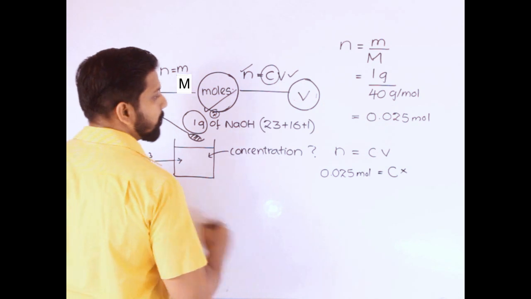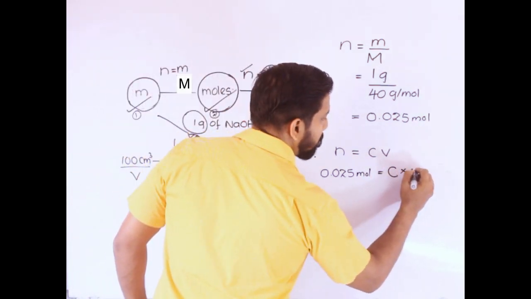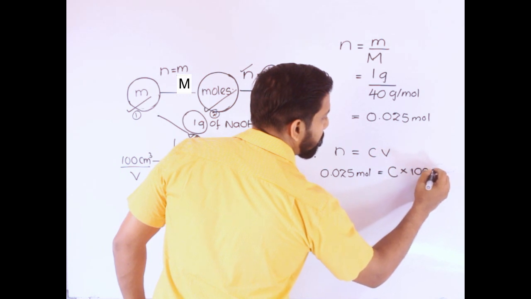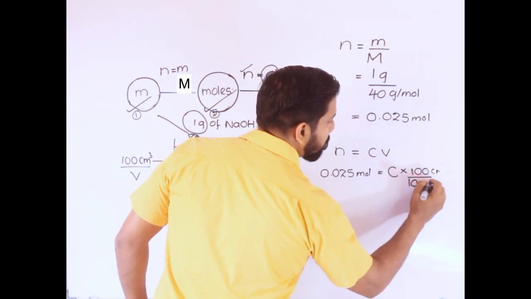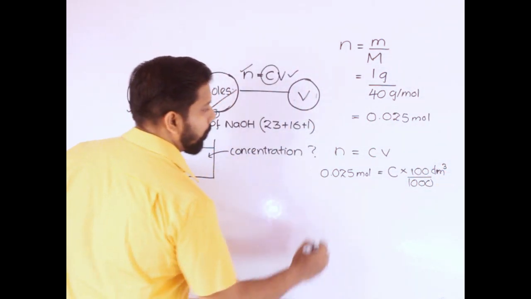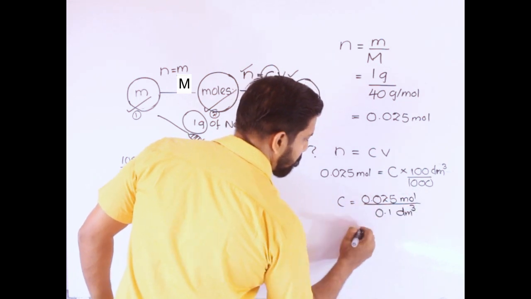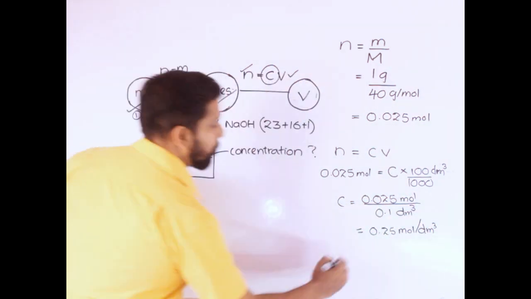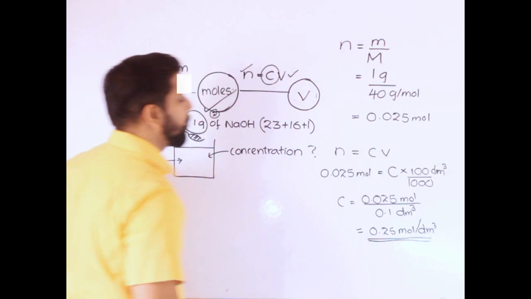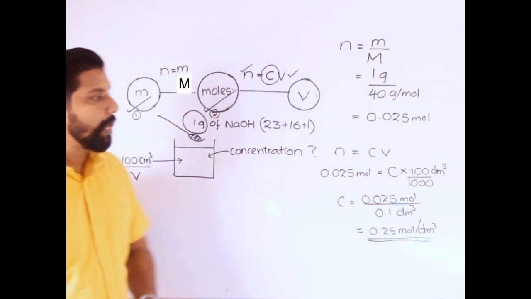The volume is, remember you need to substitute in dm cube. So you divide this by 1000 and then get it in dm cube. So your concentration will be 0.25 moles per dm cube.